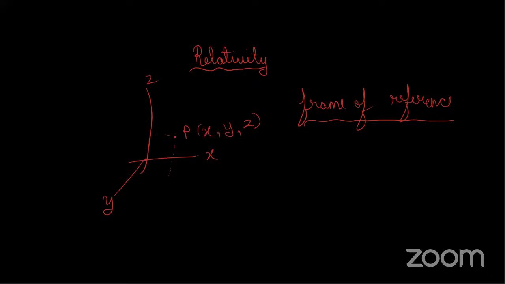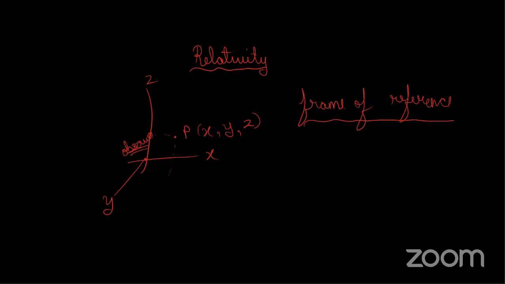Now, consider an observer is at the origin. Now, consider the observer is moving. That means the origin itself is moving. That means according to him, the whole coordinate system itself is moving, right?